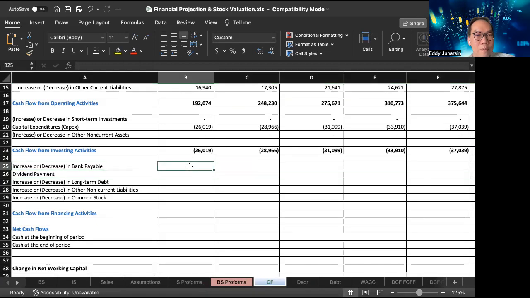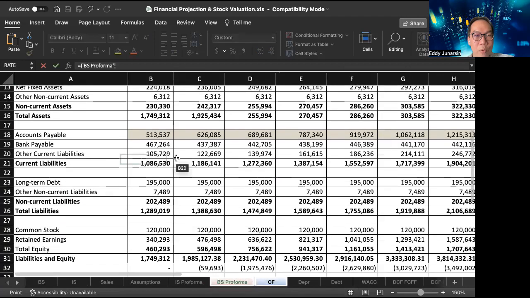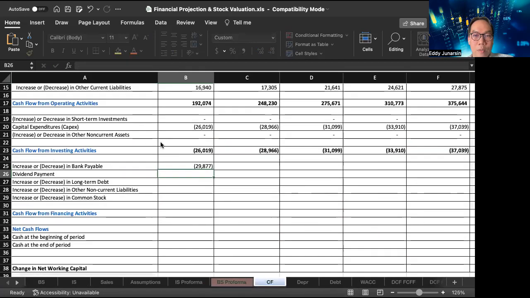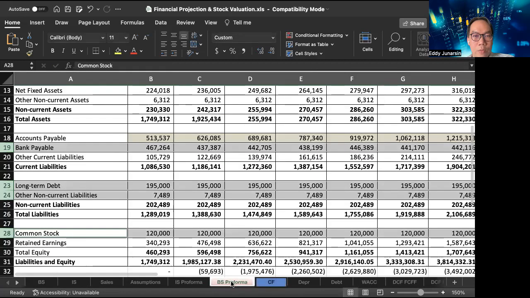Okay, so increase or decrease in bank payable. Let's see. Bank payable in 2021 minus that in 2020. Okay, look at this one, right?